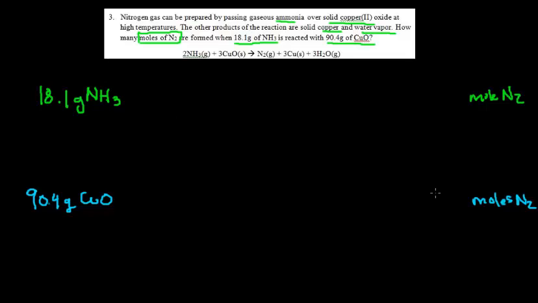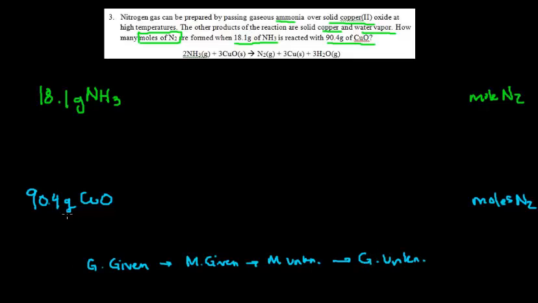I've got grams to moles, so let me put my little box down here. So grams of given goes to moles given, goes to moles unknown, goes to grams unknown.